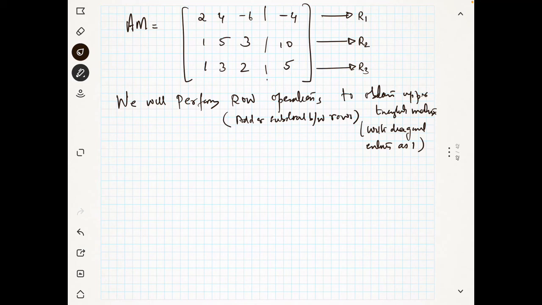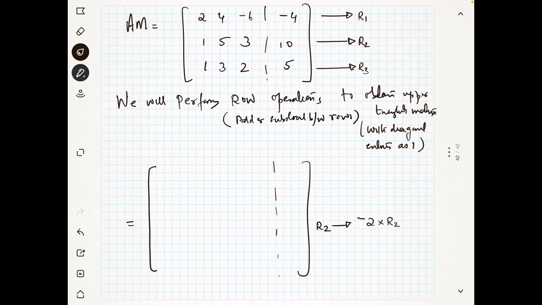First of all, I am going to perform a row operation on this and get a new matrix. I am going to change my row 2 as minus 2 times row 2.